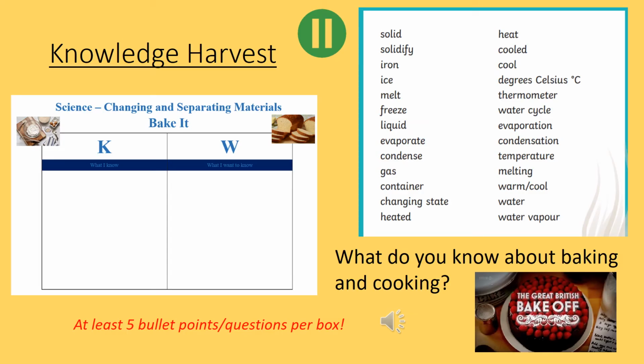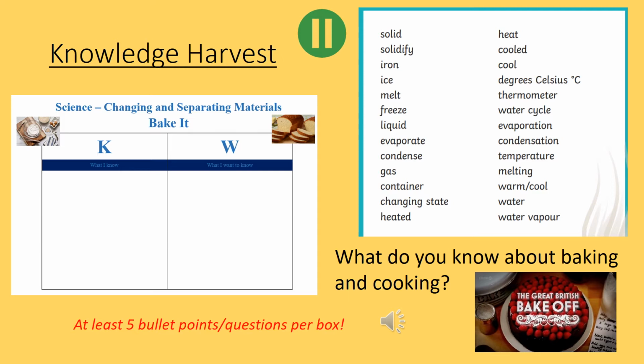For your knowledge harvest, you can either use the template that was in the home learning pack or you can create your own. I want you to think, what do you already know about baking and cooking and the science behind it? I've put some vocabulary on the screen here, which might help you remember what you've done in the past about different materials and how they change during baking and cooking.